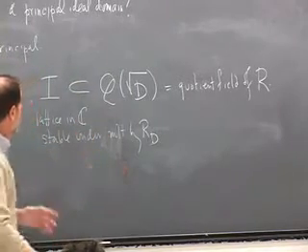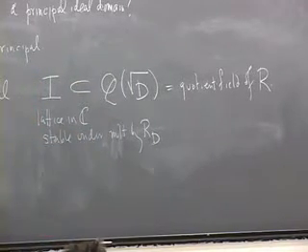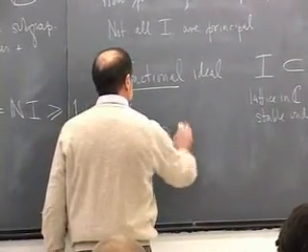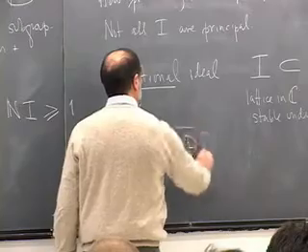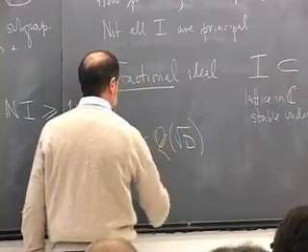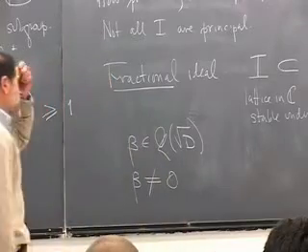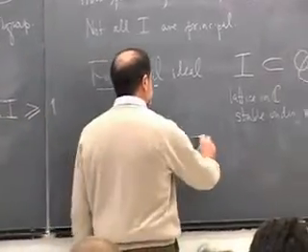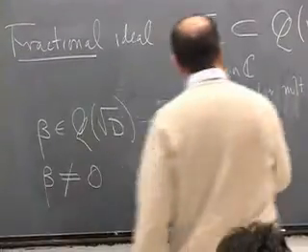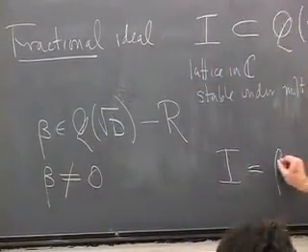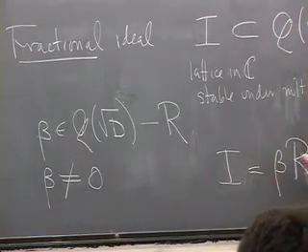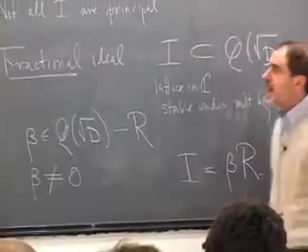So an example of a fractional ideal that isn't an ideal is you take an element beta, which is in the field, which is non-zero, but might not be in the ring. And then you consider the ideal I, which is all multiples of R by beta. Like you might multiply everything in R by a half.